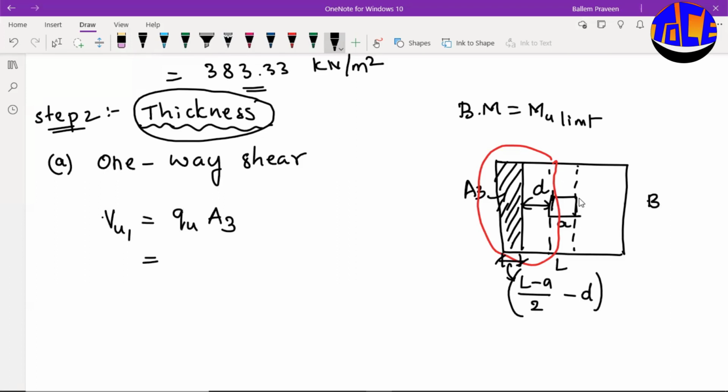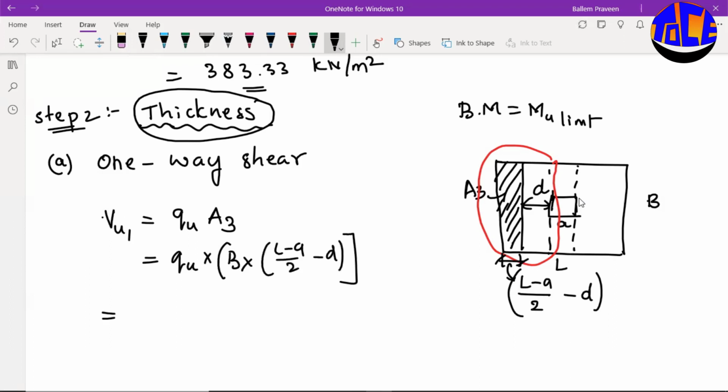So let us elaborate this: your A3 will be B, the width is B, and the length is L minus A by 2 minus D, right?